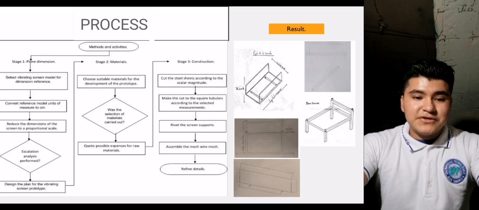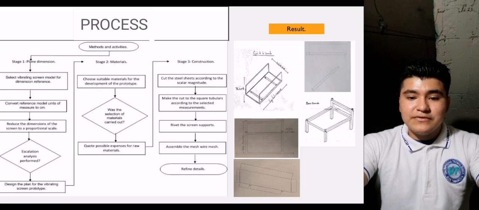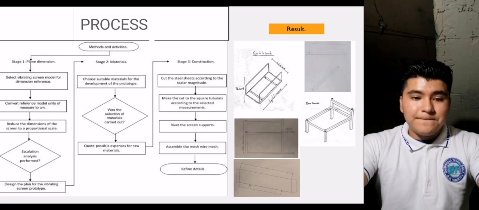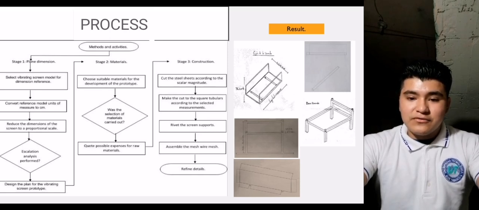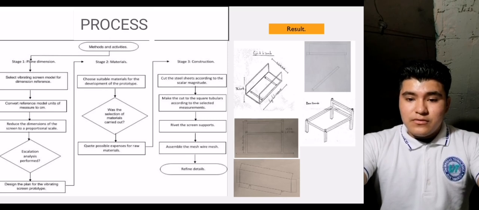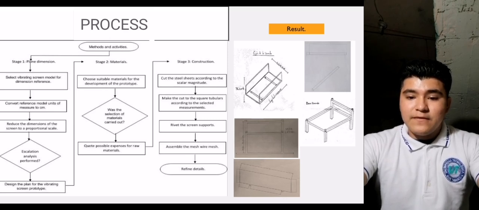The scale is divided by half, that is 1 to 40. We investigated the materials that will be used to make the screen. Then we selected the possible materials according to the vibrating screen model that we have to assemble, and established the material cost.